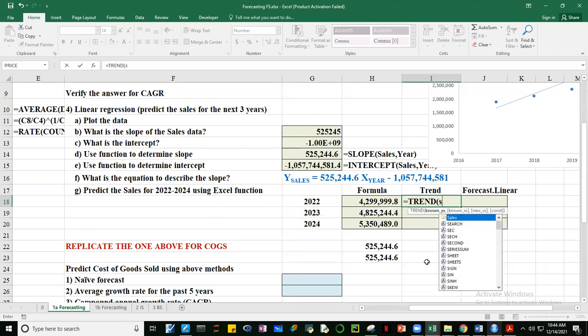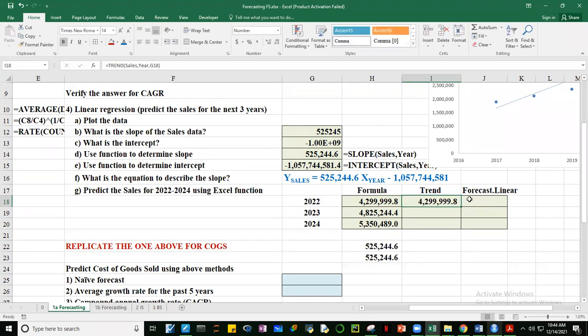Di ba yan yung sales natin? Sales, comma. Ano yung known X's natin? Di ba yan yung year natin? Year. Comma. New X natin. Ang new X natin si 2022. There you go. Control Enter. Pareho lang, no? Okay, copy down. We get the same answer.